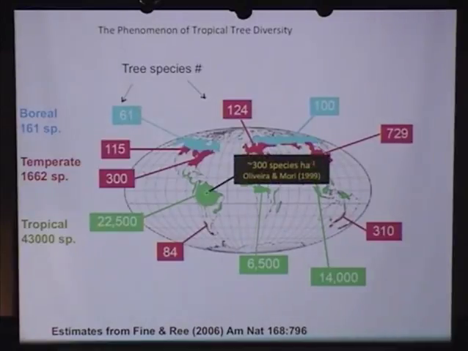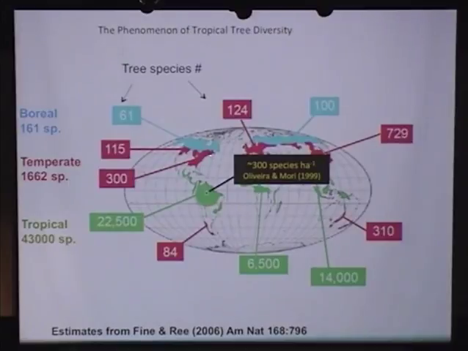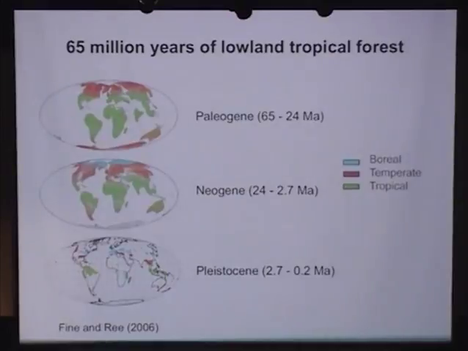When you take a really intensive look at a single rainforest in a very small area, like 1 hectare, you can find 300 tree species. So we've got 300 tree species in eastern North America and 300 species in a single hectare of forest in the middle of the Amazon. This is a big question: how do we get so many species?